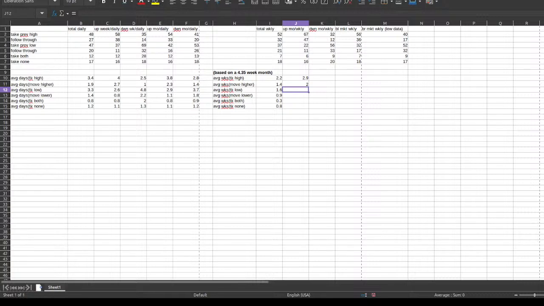And then for taking a low, is it this one? Yeah. So that's 0.9. Technically a 1, but we'll call it a 0.9. It's actually 0.957.